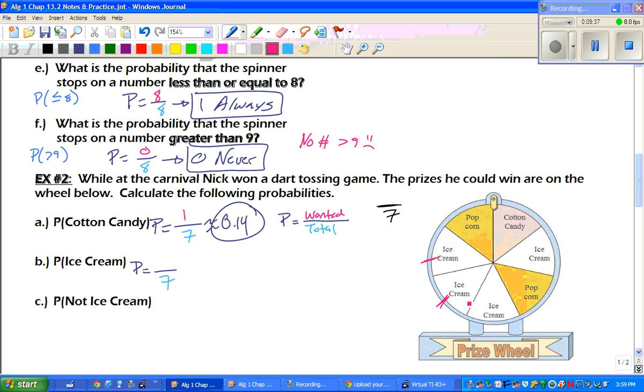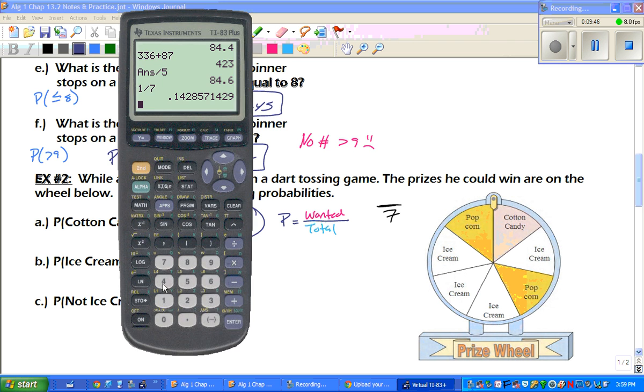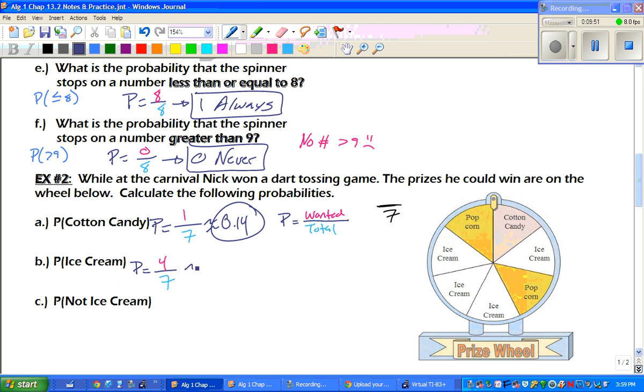Let's figure it out. We got 1, 2, 3, 4. 4 ice creams. We can't reduce that. So 4 divided by 7, 5.71, which is 0.57.